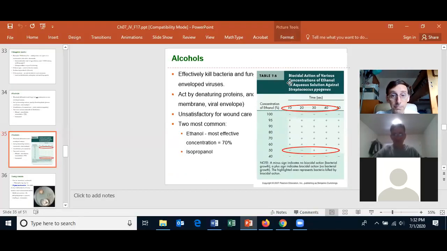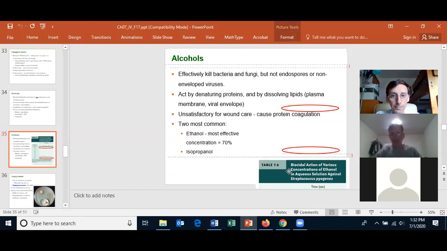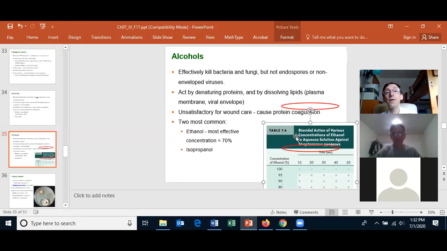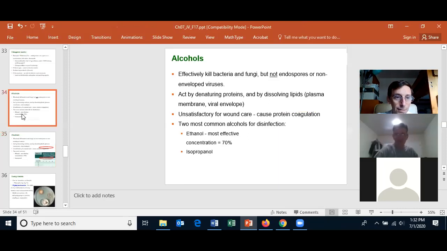And this slide, I don't know how it got messed up, so I'm going to move it out of the way. Alcohol is effective in killing bacteria and fungi, but not on endospores, and also not really on naked viruses. Acts by denaturing proteins and dissolving lipid membranes. I think I see why.